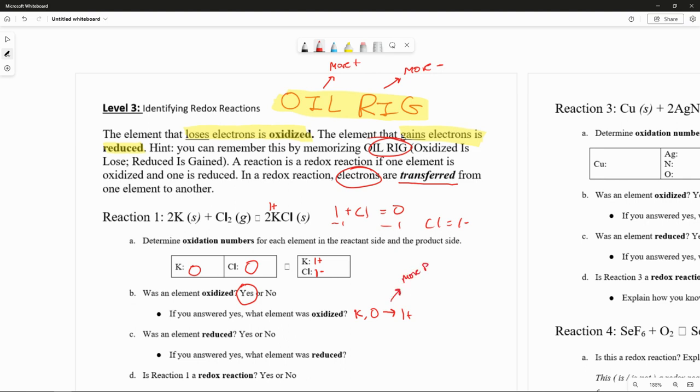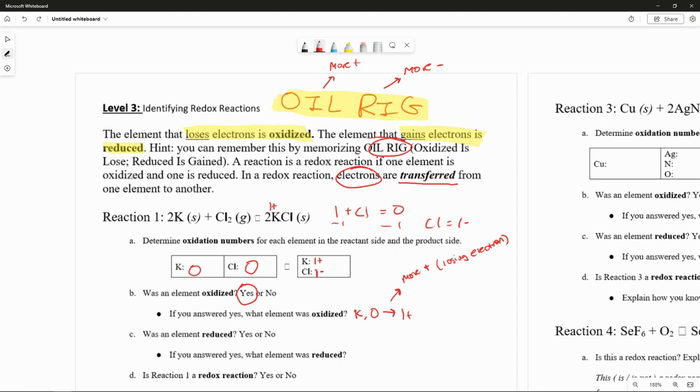If you're being more positive, you're losing an electron. So that means K is being oxidized.